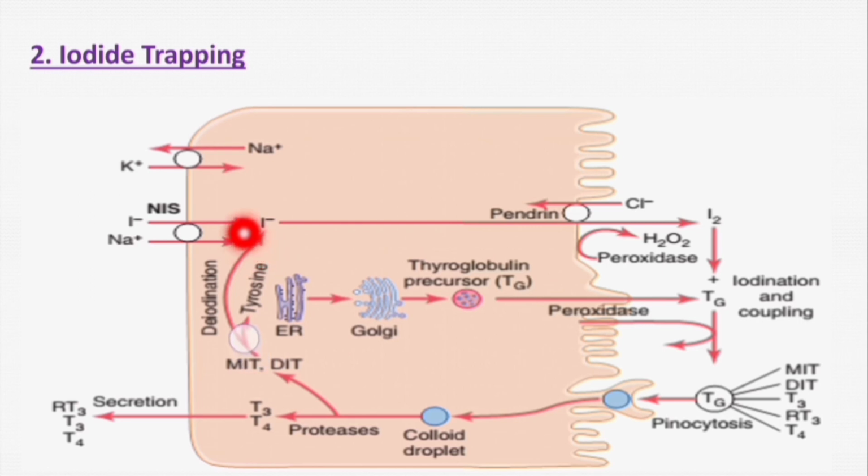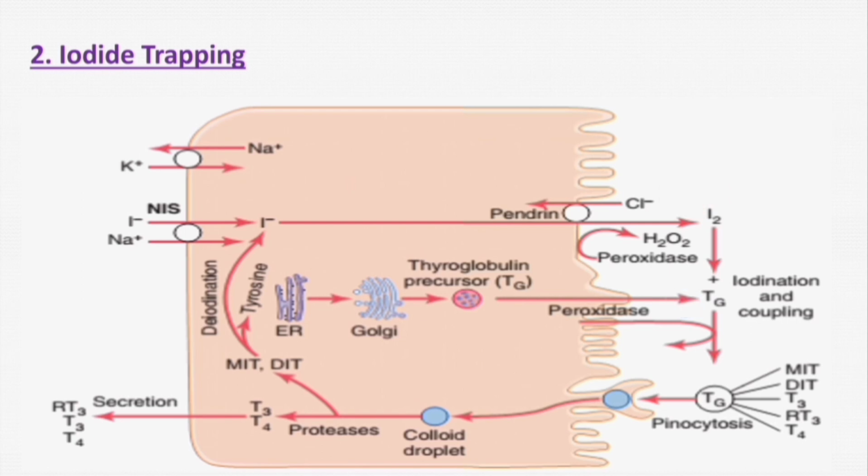Now, once the iodide is inside the cell, it is transferred to this apical side, and then another transporter which is called pendrin or chloride iodide counter transporter acts and carries the iodide into this lumen, okay, lumen of the follicle.